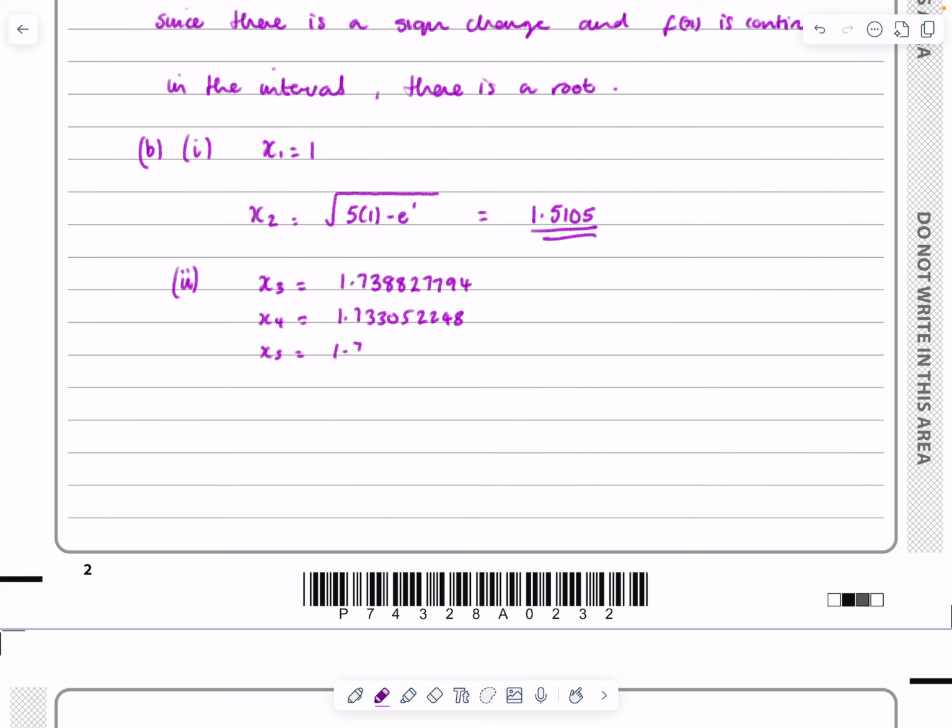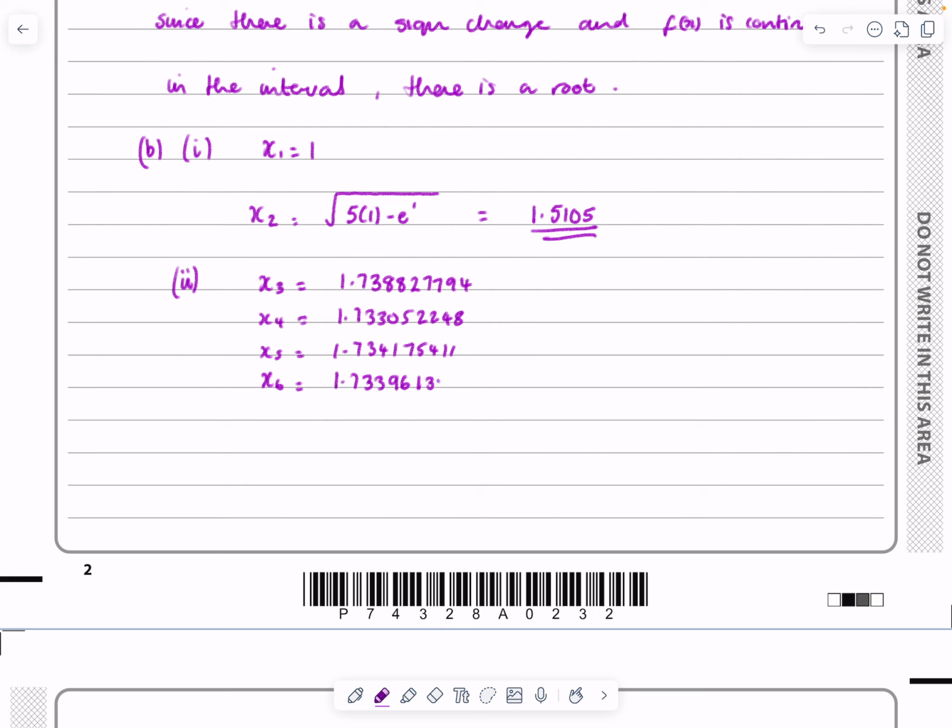Continually just taking the new value, putting it back in. In fact, x6 worked out to be 1.73396.